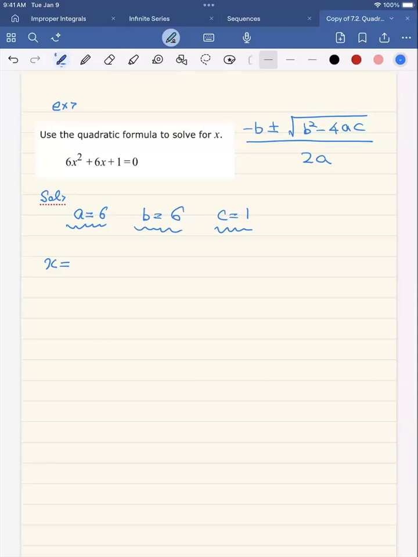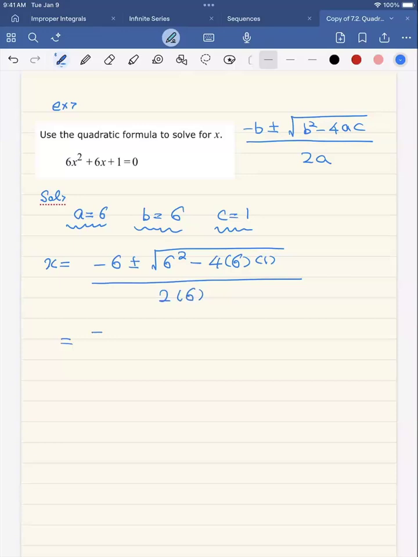All we have to do is substitution. B is 6, so we have minus 6 plus or minus square root of 6 squared minus 4 times a is 6 times c equals 1, over 2 times a is 6.